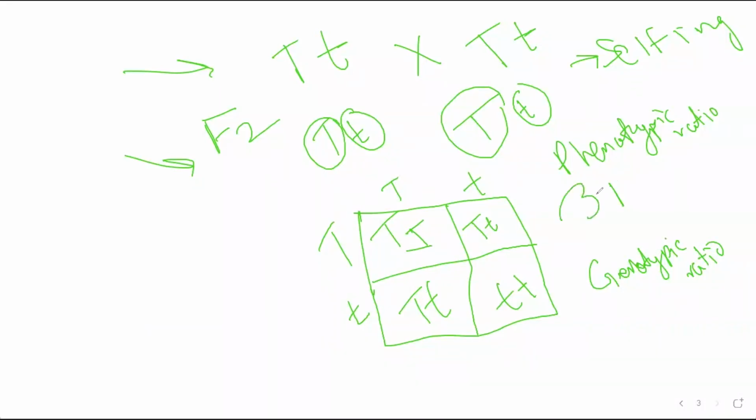There are 3 talls and 1 dwarf. So you have 3:1 as the ratio. Sometimes this ratio is asked in examinations.